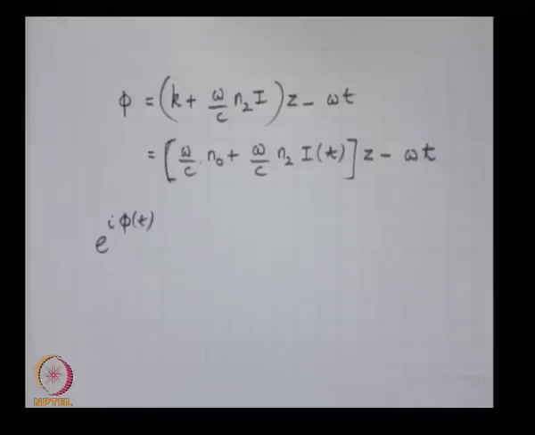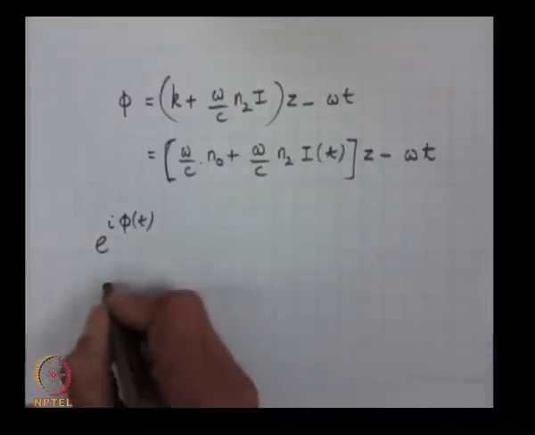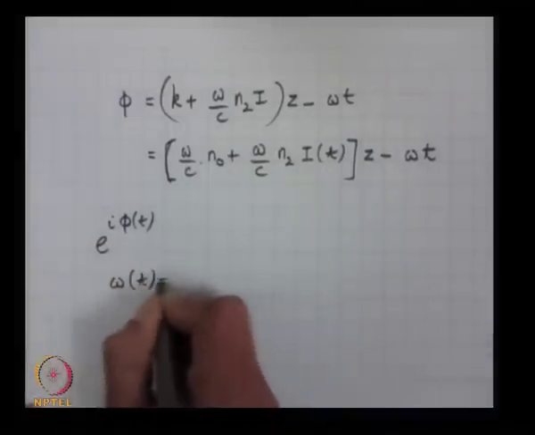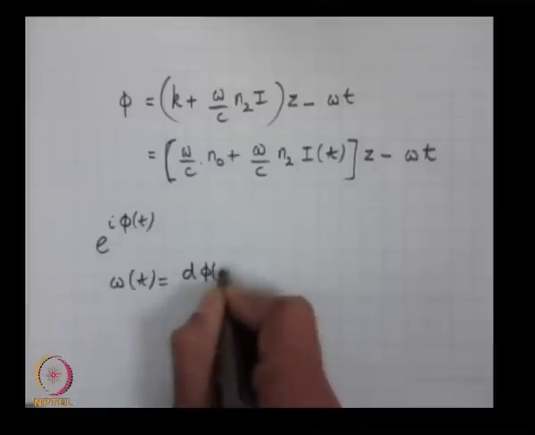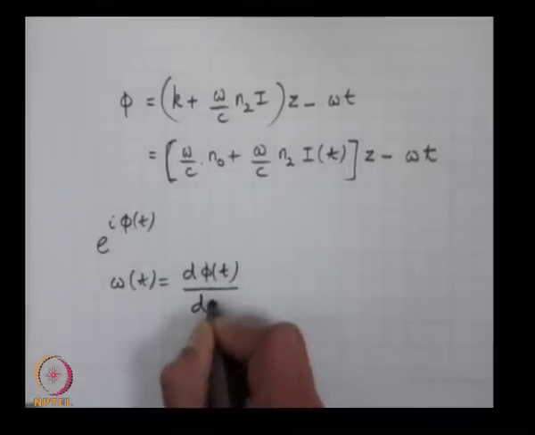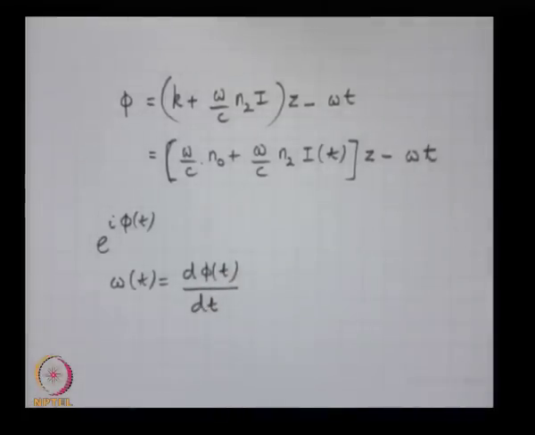I define what is called the instantaneous frequency, omega of t equal to d phi by dt. The rate of change of phase with time is defined as the instantaneous frequency. If the phase changes linearly with time, if phi of t is omega t, then d phi by dt is omega, the frequency, which remains constant with time.